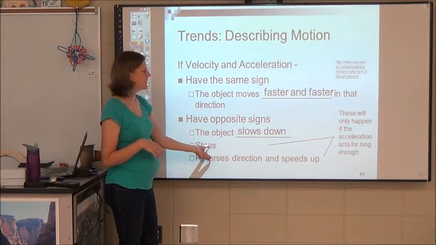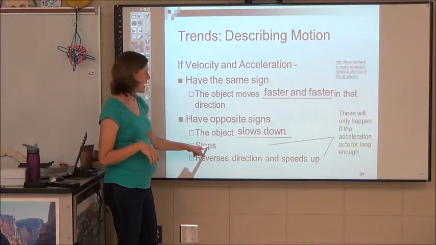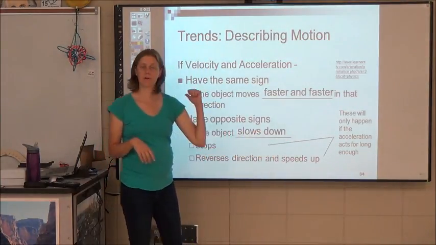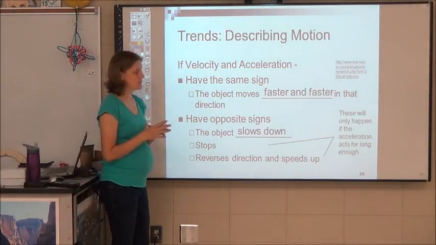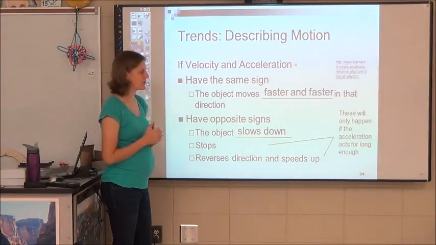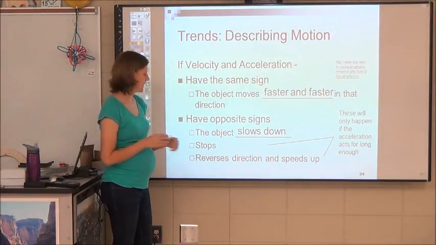So given enough time, that object would stop, and then the velocity would reverse direction. Your acceleration rate staying the same the entire time, but your velocity would change to match the sign of the acceleration.